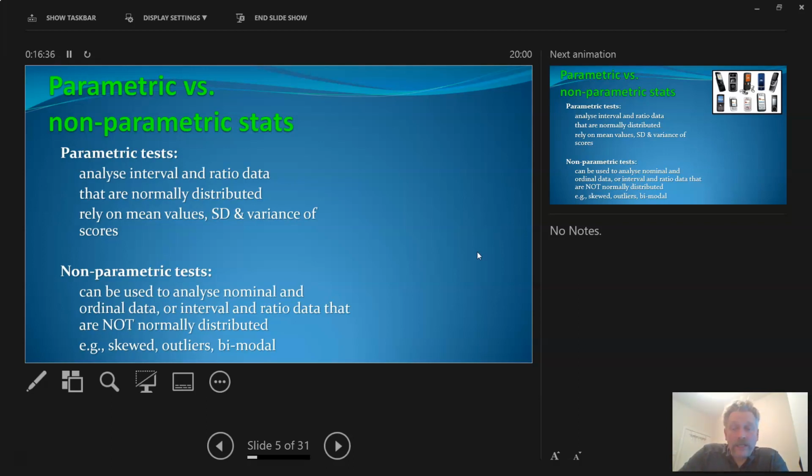But what's important is it doesn't matter if you've got outliers in there, maybe if you've got bimodal distributions, because of what they do to the data, these non-parametric tests strip away the problems that are inherent in parametric tests.